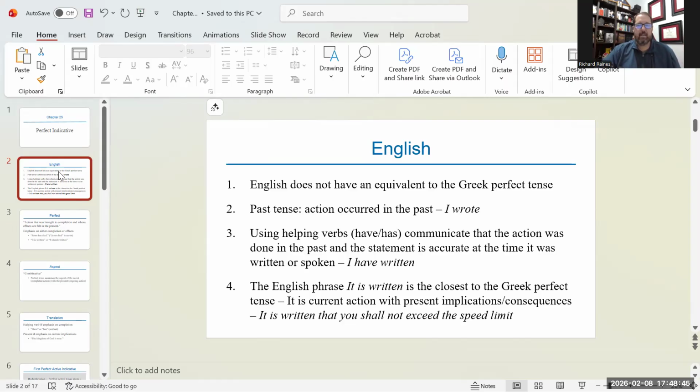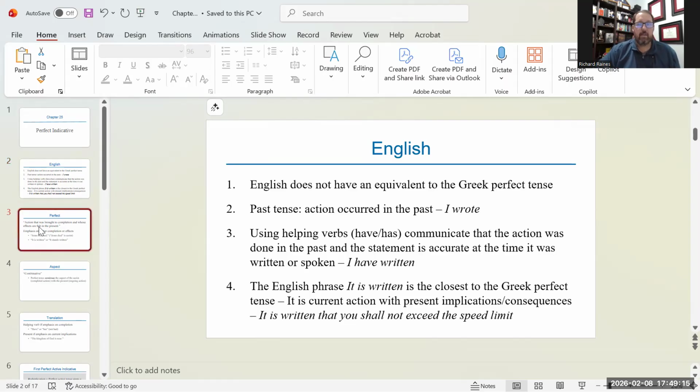Because what you're saying is that something was written in the past, but that thing that was written in the past still applies at the moment that I'm speaking or at the moment that I'm writing this down. So it is written means that there is both a past action and a present consequence.